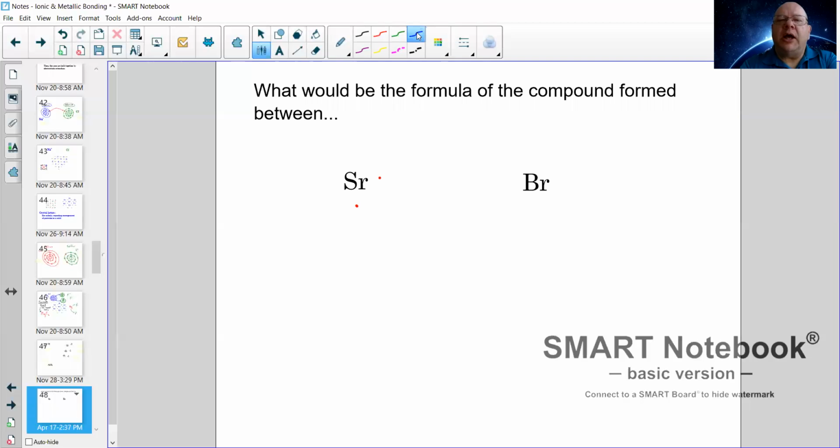Bromine would have 7 valence electrons. So if we're putting strontium and bromine together, well, bromine could grab one of those electrons, but then what happens next? Well, we don't have situations of just individual atoms typically. So next, we'd have another bromine.